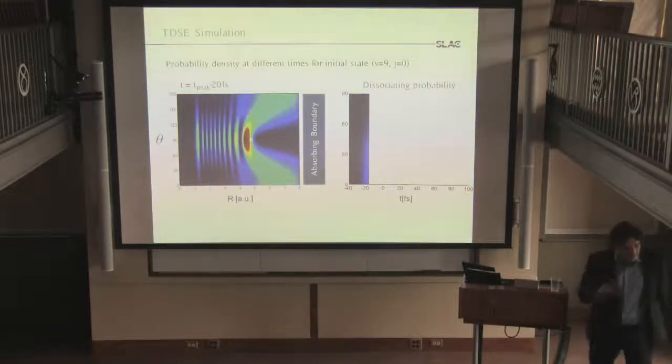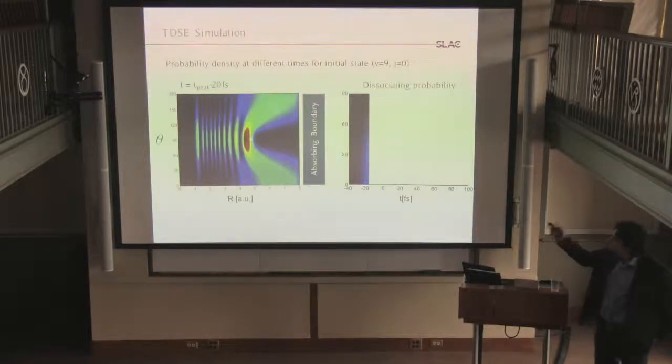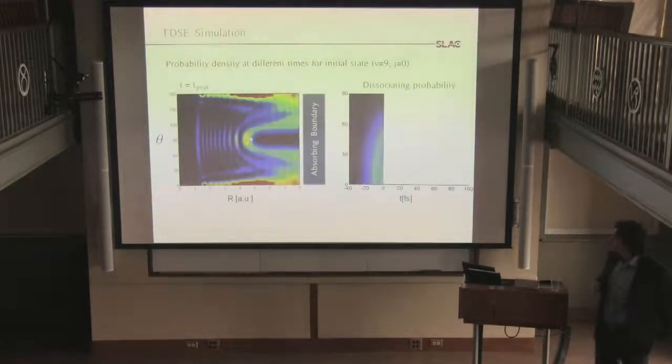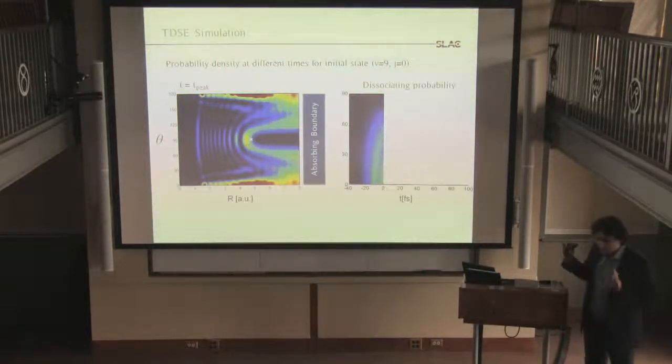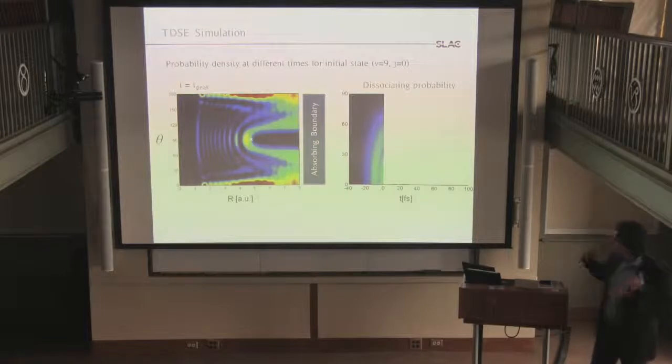Now, other things, of course, happen, but let's move to the actual peak of the pulse. And here already we see very interesting things. Again, a wave function that was parallel to the laser polarization dissociates. But already we see here that we start to have interferences.